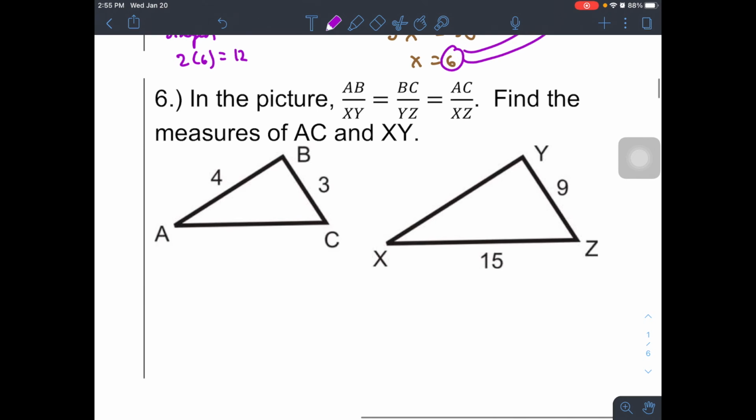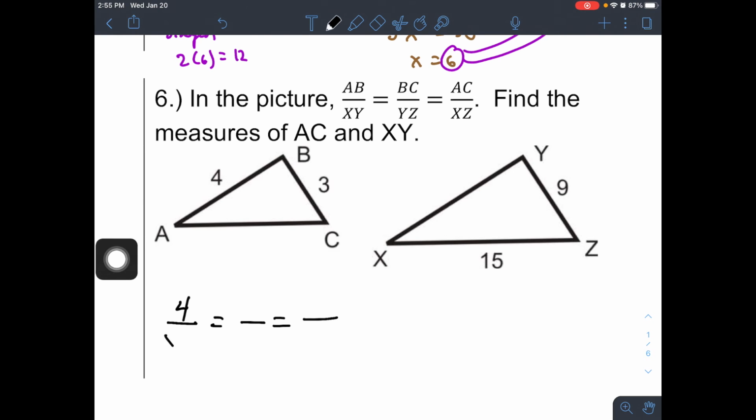Now in this particular problem, this is what we call an extended proportion, okay? Find the measures of AC and XY. So knowing that these proportions are true, I'm going to then substitute the values that I know in hopes that I can set up a proportion that I can solve to get AC and XY here. So AB is 4.